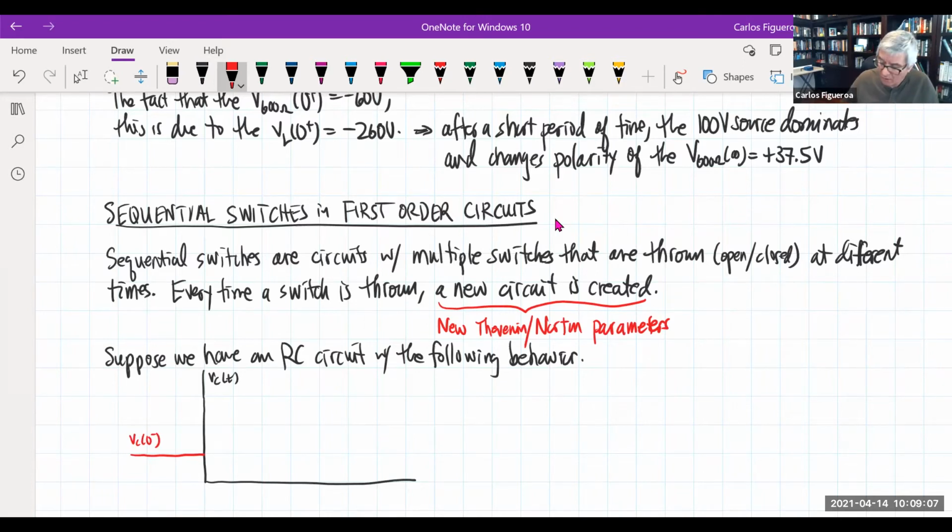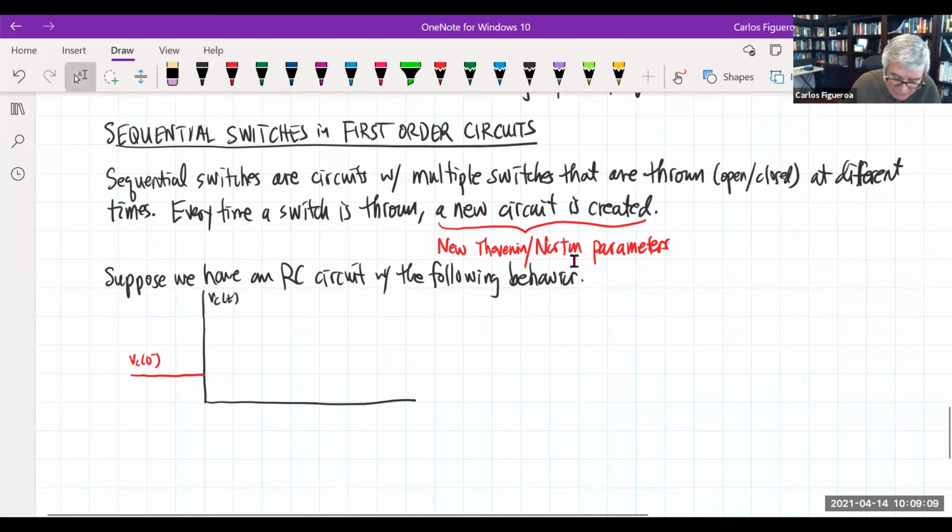And then right at t equal to 0, just to make it nice and simple here, this is the first switch. So what happens in the first switch? That means that I'm now going to have a charging or discharging capacitor. So for the hell of it, we'll say that this thing is going to charge up.